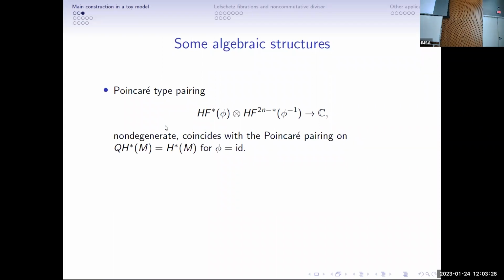In other words, we can define a bilinear map with domain given by the tensor product of the first homology of phi and the third homology of its inverse, and it targets C, because we work over C. This pairing is non-degenerate, and it has the property that, looking at the identity map, this recovers the Kronecker pairing on homology. To define this thing, you take a cylinder as in the definition of the differential.